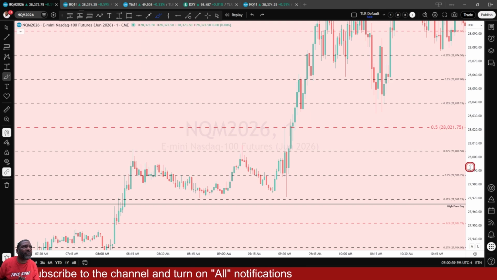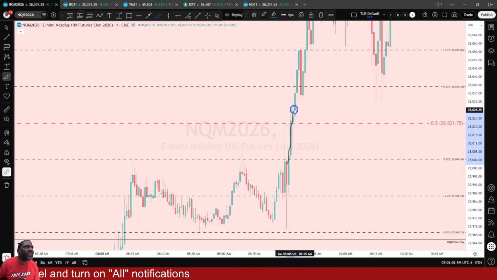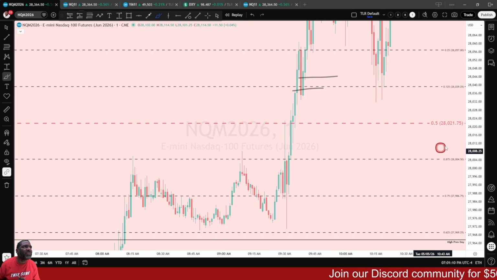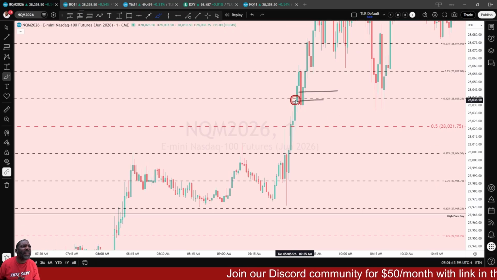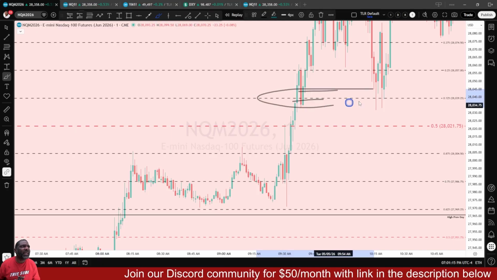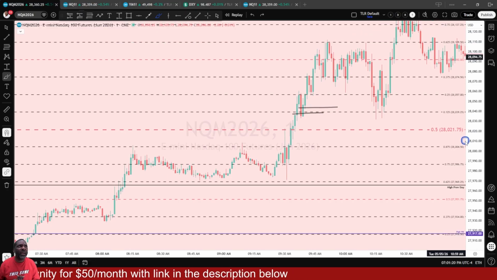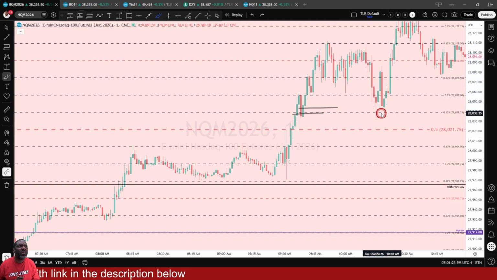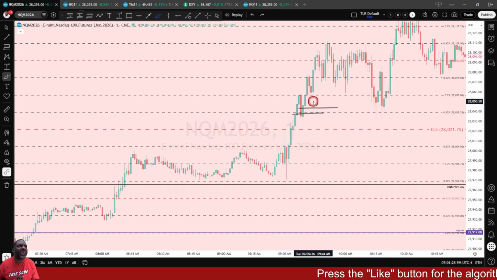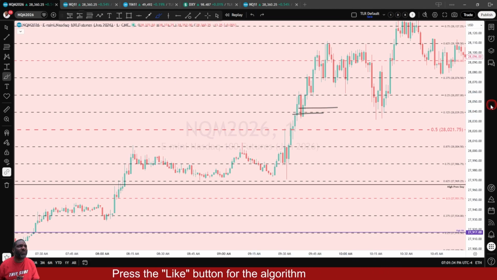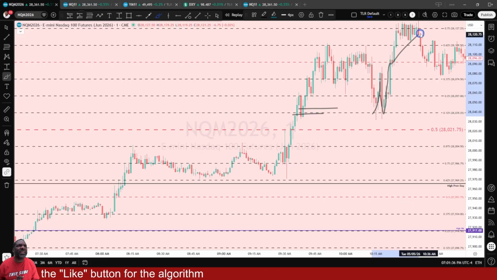When price is leaving this area right here, this right here is the first fair value gap that was created when it left this area. Price in that fair value gap is in line. It's at a bus stop. And then there's a bullish order block at that same bus stop. And then price comes right back down to that bus stop. The wicks did some damage, but look at the bodies of the candles respecting the mean threshold of the bullish order block, respecting the bullish fair value gap, and then it's stair-stepping up.